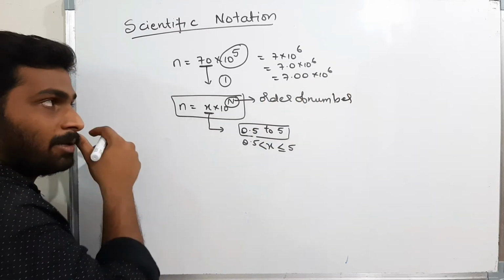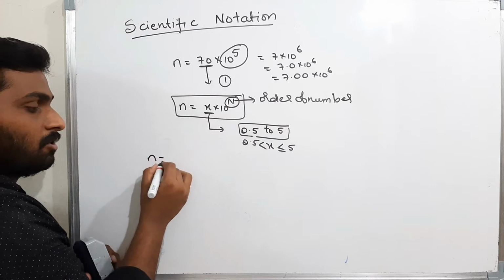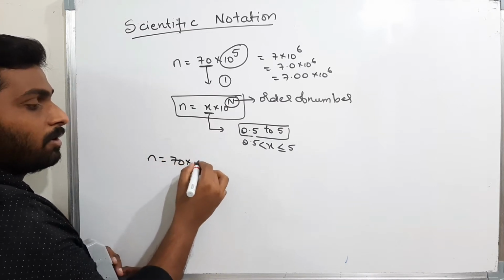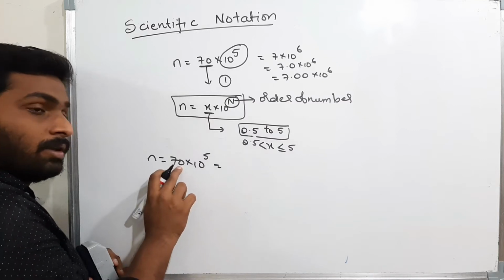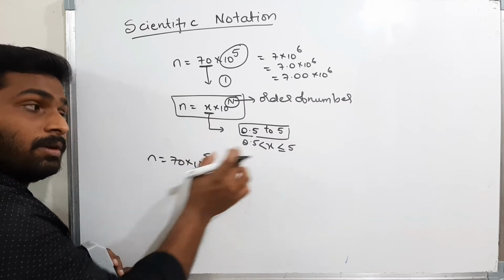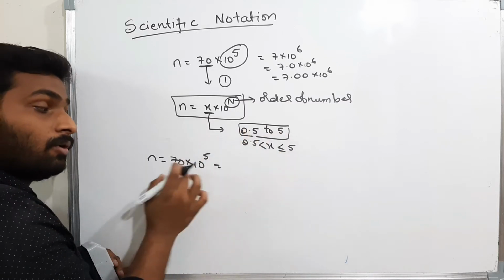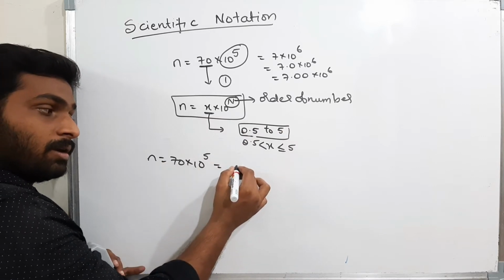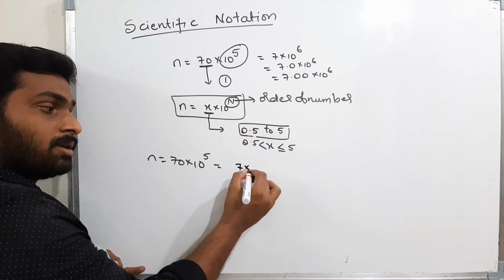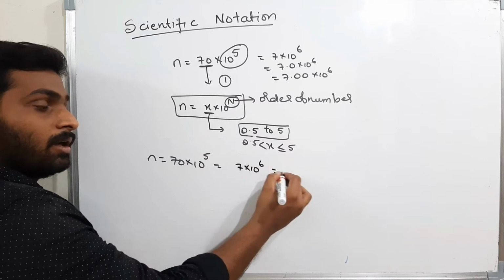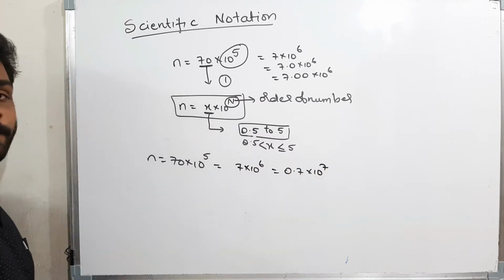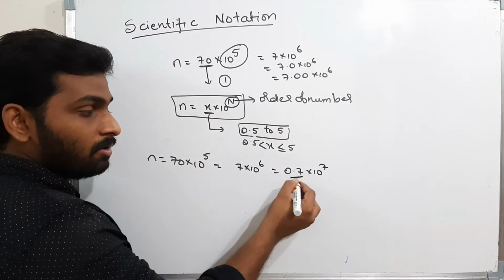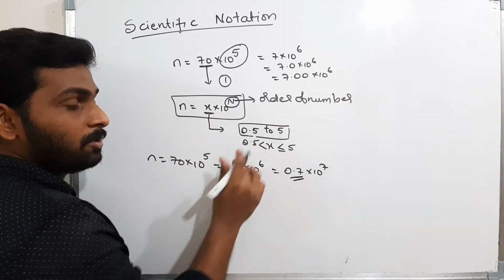Okay, now this is a small example. We will take this example only. N is equal to 70 into 10 power 5. I should convert this into a value between 5 and 0.5. Therefore, simply I can write 7 into 10 power 6, and again I will write it as 0.7 into 10 power 7. Now this 0.7 lies between 5 and 0.5.